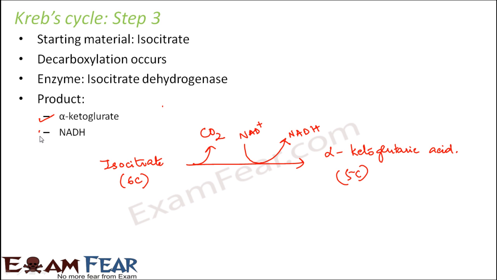So here if you see, wherever NADH gets released, that step is important because NADH can cause ATP synthesis, and ATP synthesis is what we are looking at primarily. So NADH is important. Also CO2 gets released in the process because this decarboxylation happens by removal of CO2.